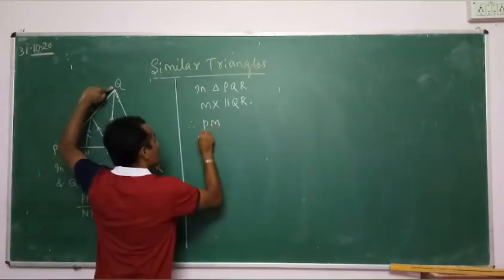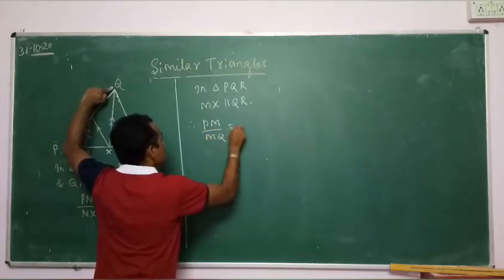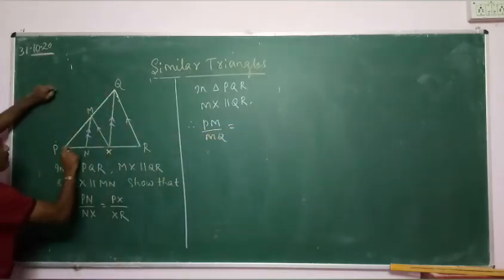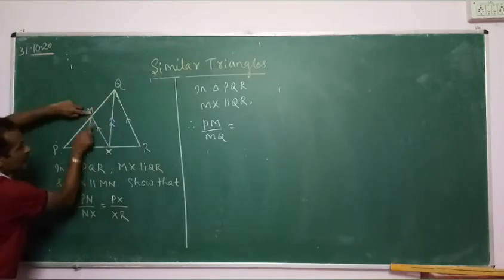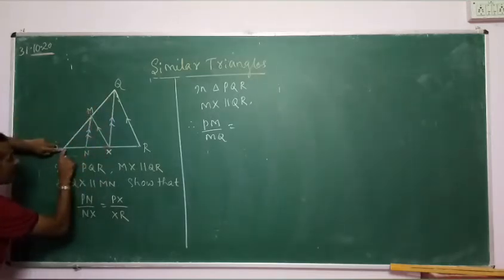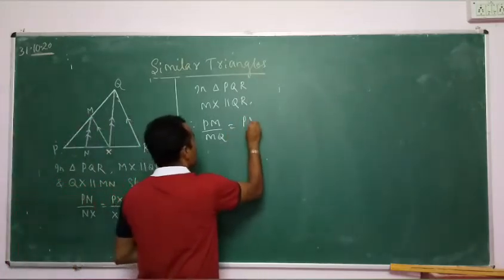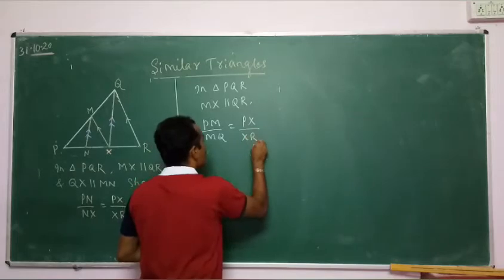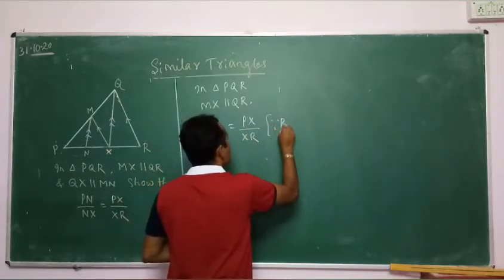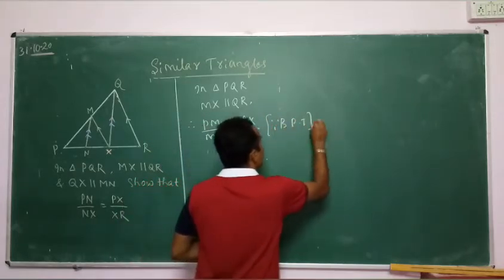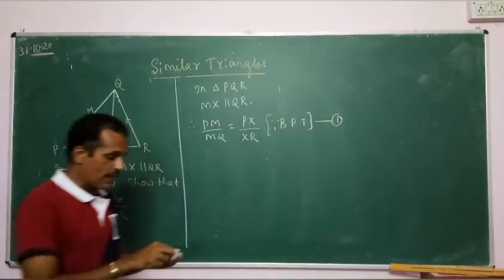Therefore, PM divided by MQ is equal to PX divided by XR. ये तो लाइन यहाँ पैरेलल है, मतलब आपको ये दोनों लेना है. This is because of the basic proportionality theorem. Call it equation number 1.